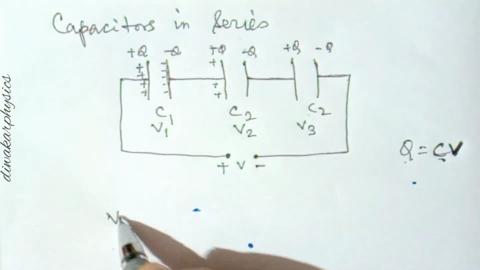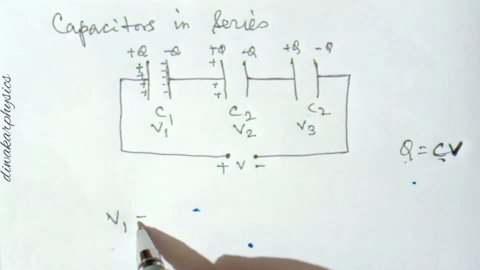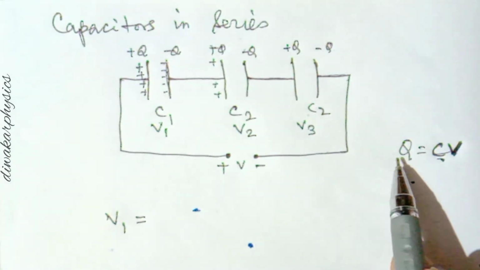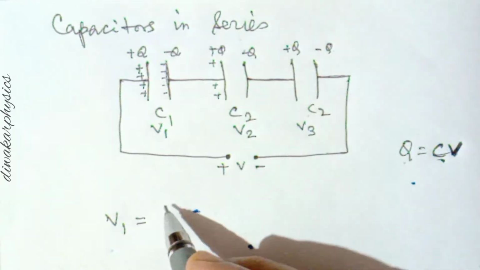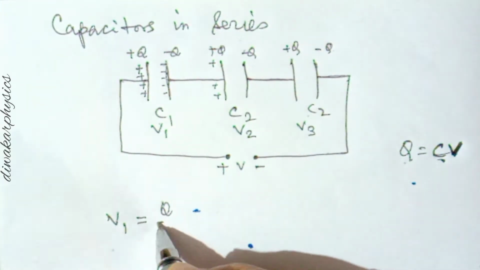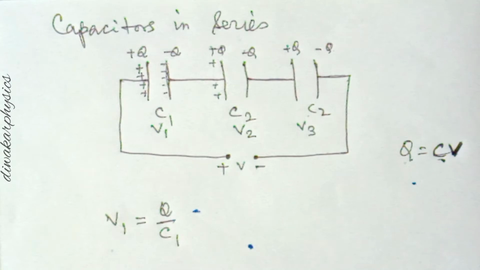Then what is that potential difference? V is equal to Q by C, so V1 is equal to Q by C1.